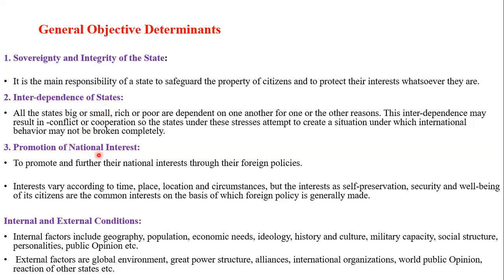Promotion of the national interests. Clear? Every country develops relations with other countries for the promotion of the national interest. For example, in the United Nations, on the Kashmir issue, India and Pakistan both try to create a lobby to tell other countries about the situation in Kashmir. Clear? So Kashmir is a common interest. Terrorism is a common interest.